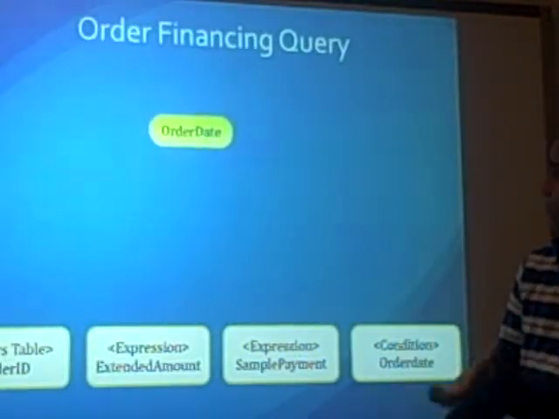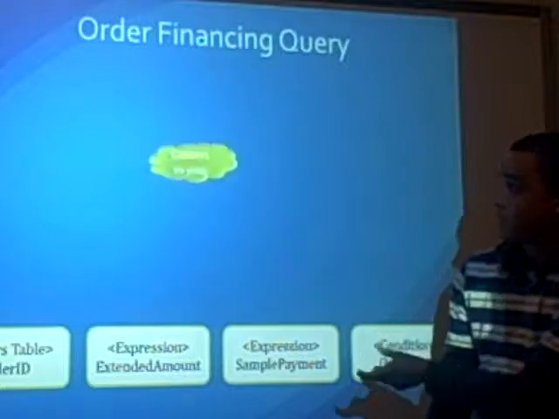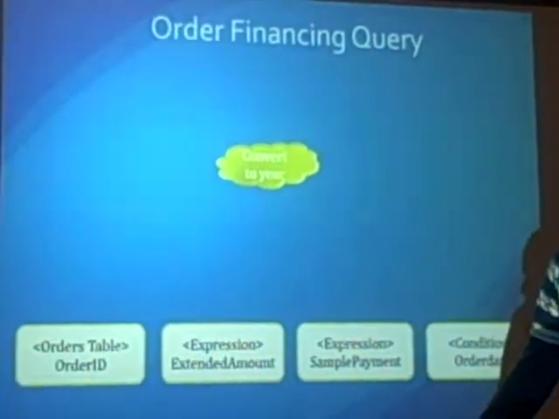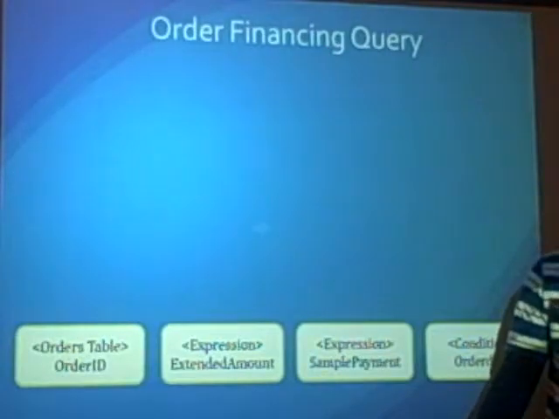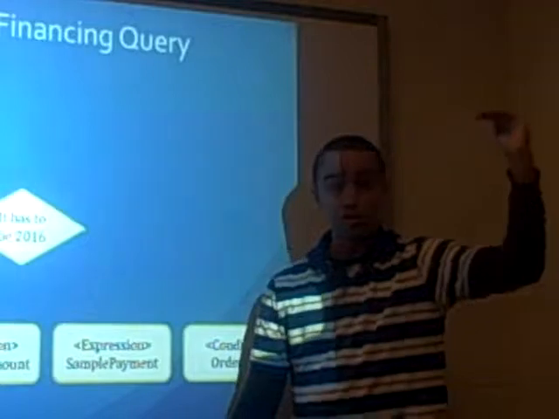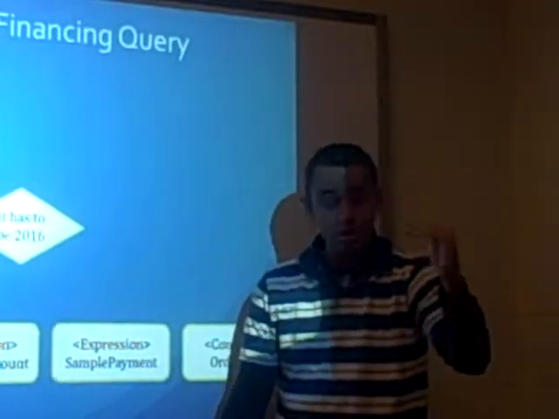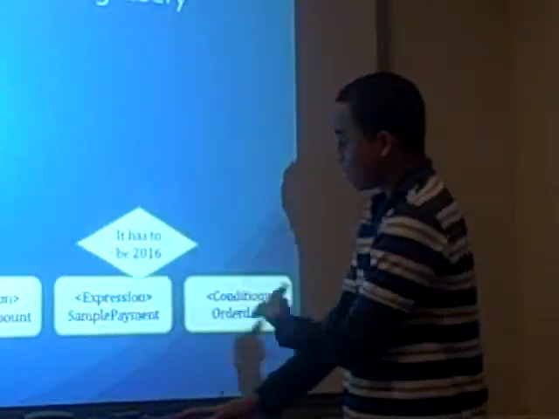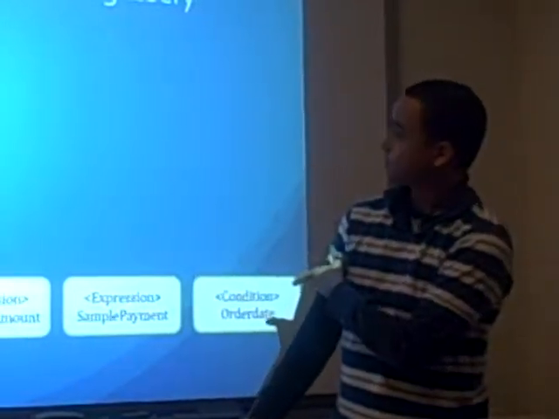Now I'm going to talk about how we use order date. First, we convert order date to year. Then we created the condition where the query is going to show all the rows, all the records that are in the 2016 year, and that goes to the field.